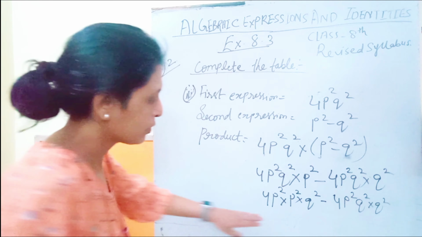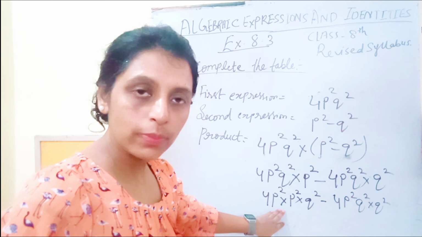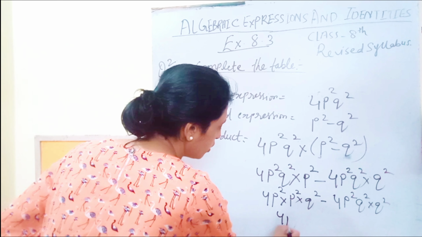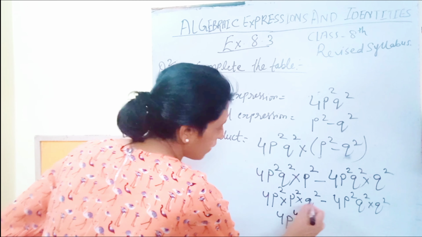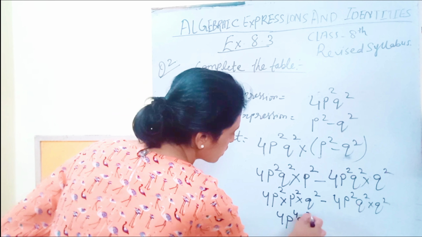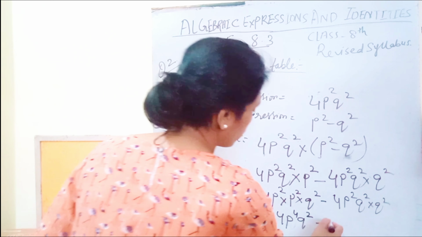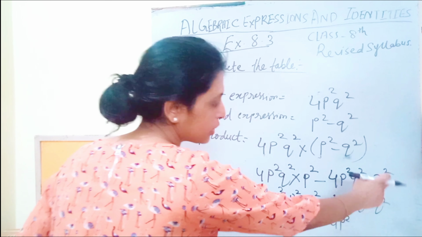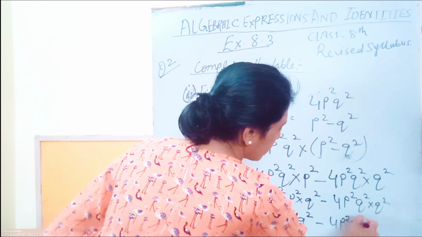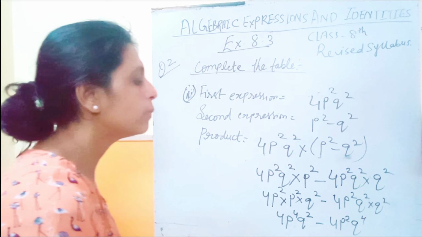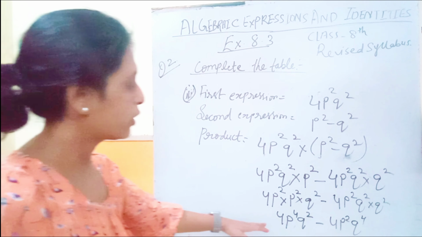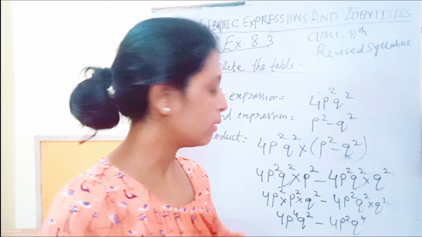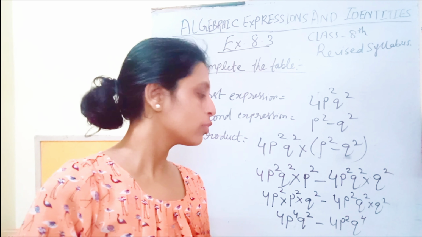Now see, the base is the same, the operation is multiplication, so what will the powers become? They will be added. So it will be 4p 2 plus 2 power 4 q square minus 4p square. Here the same base q, the operation is multiplication, powers will get added. So it will be q to the power 4.